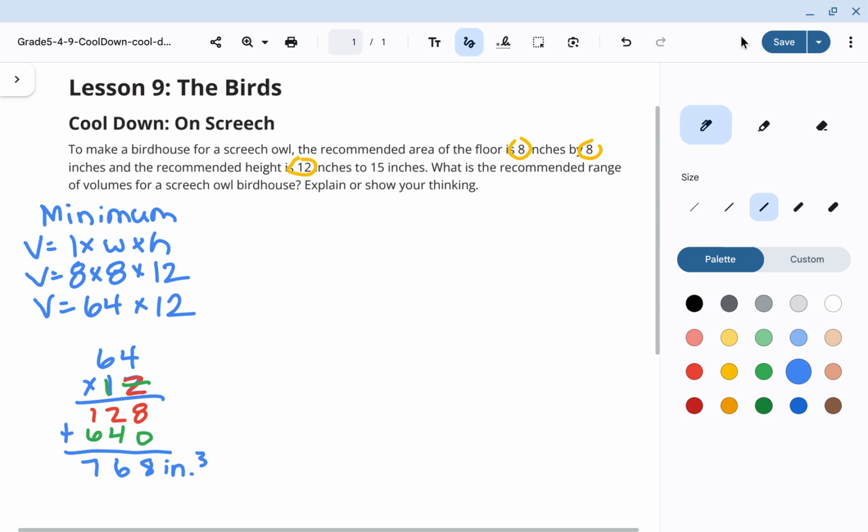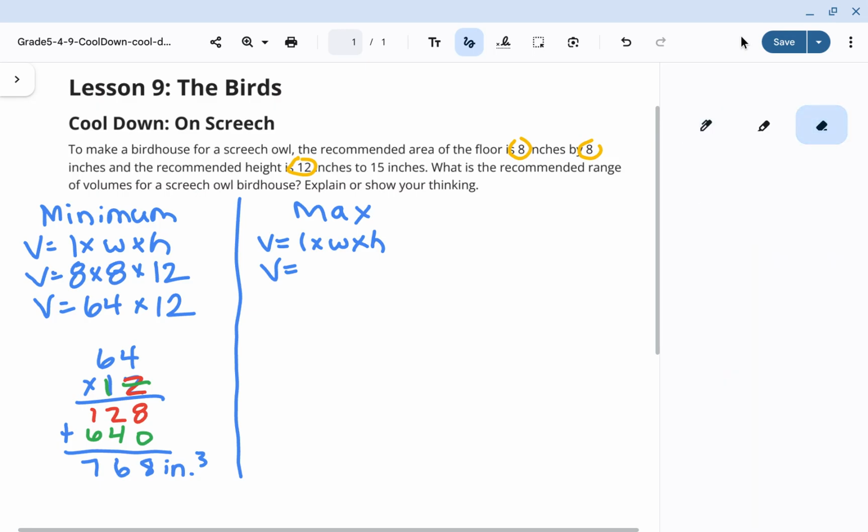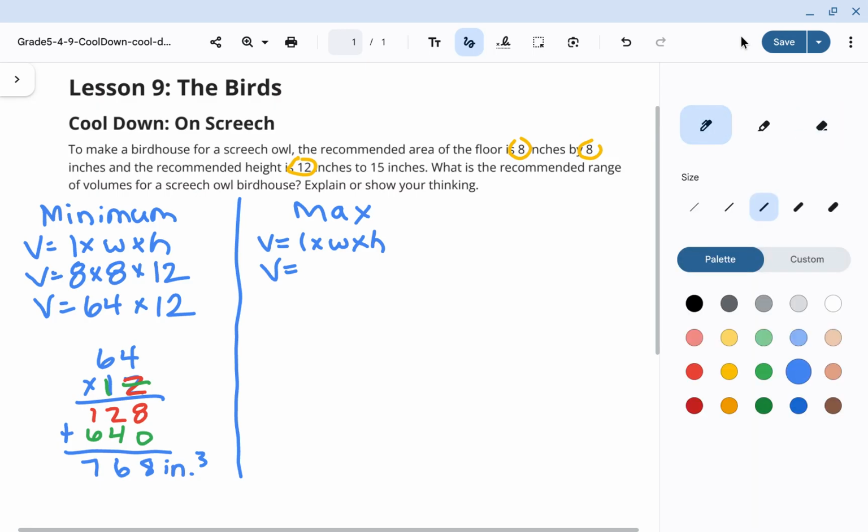Now let's come over here and let's find our max, right? So we know that we're still going to use the idea that volume is length times width times height, and we know that the length and the width are not going to change. So those are still going to be 8, just like they were at the beginning of my problem, right?